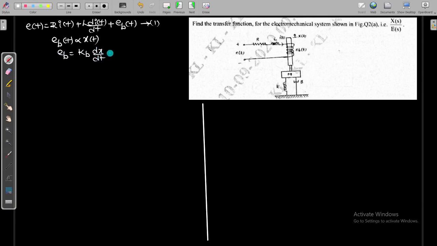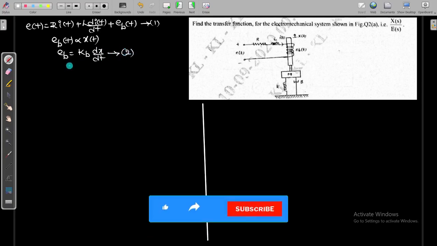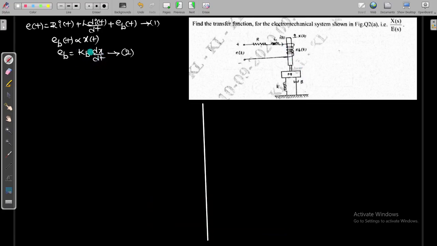So take this as equation number 2. Normally this equation will be given in the problem itself, but in this question it is not given. So Eb is equal to Kb into dx(t) by dt. The displacement is proportional, and to remove that proportionality we have taken a constant Kb.